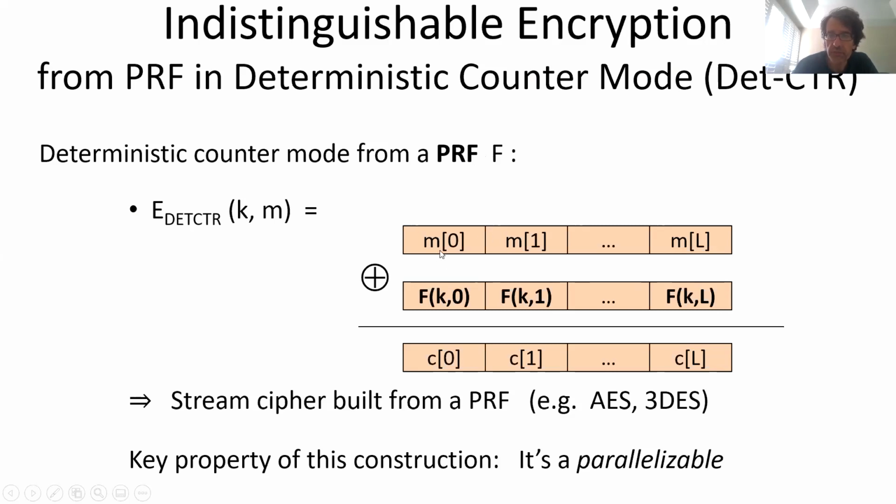Divide the message into blocks like before, but don't feed these blocks into the block cipher. No, feed consecutive counters into the block cipher. Namely, compute the block cipher on plaintext block all zeros.